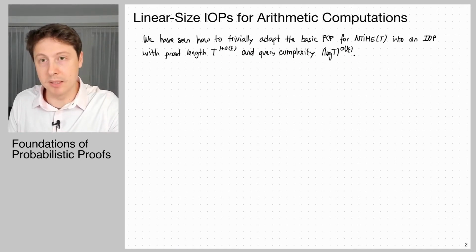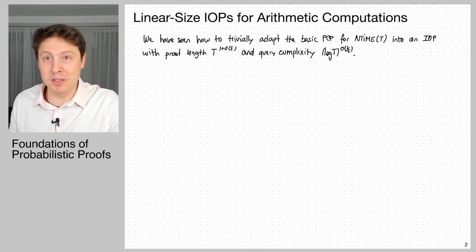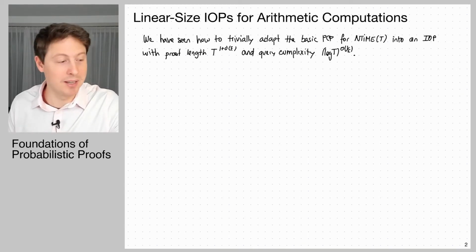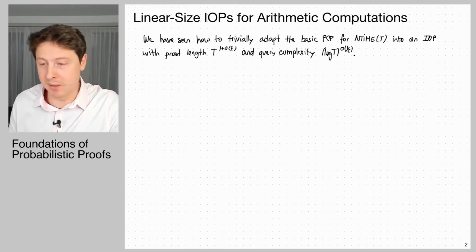Okay, so almost linear proof length with some trade-off on the query complexity. But the question is, we really underused the model last time. We sent an oracle just in the first message, and we didn't really try hard.